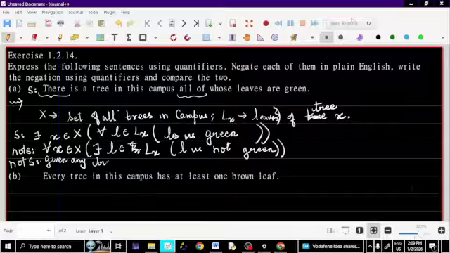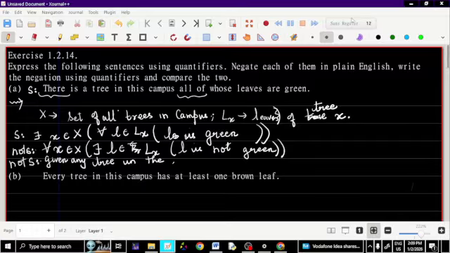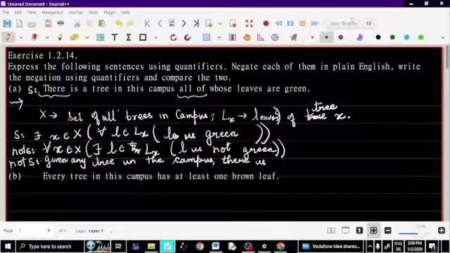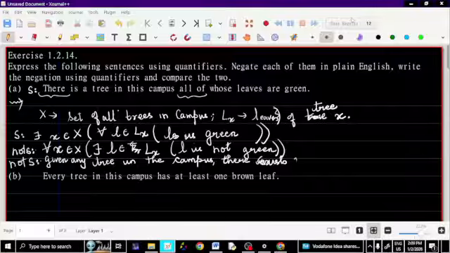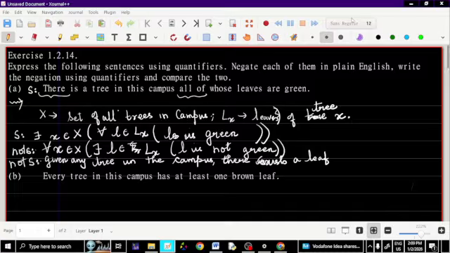Given any tree in the campus, there exists a leaf, or you can say it contains a leaf. I'll reframe it.